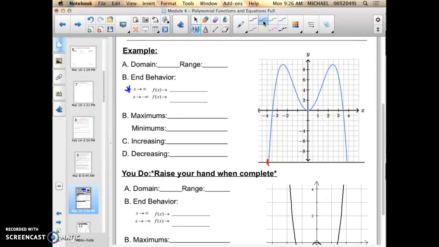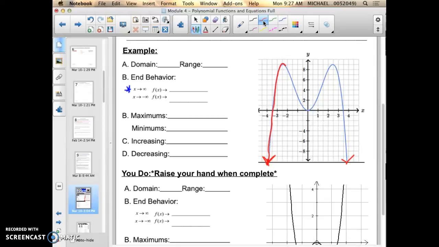But you can safely assume that if it's not noted otherwise, these endpoints go on forever. So the leftmost point will continue going down, and it is also continuing to go to the left, just not as drastically as it's going down. So the leftmost point is going to the left forever and down forever.